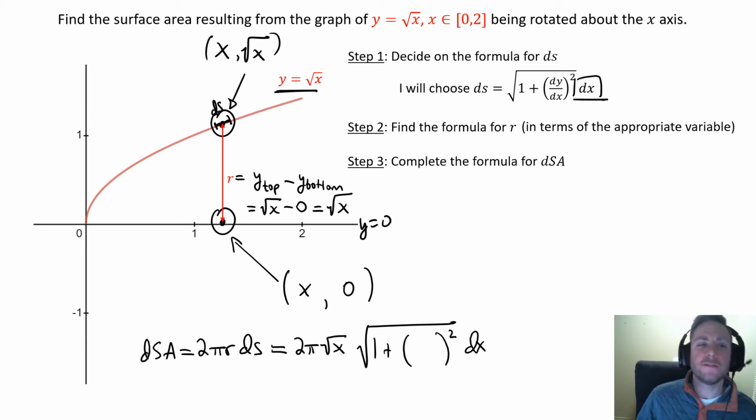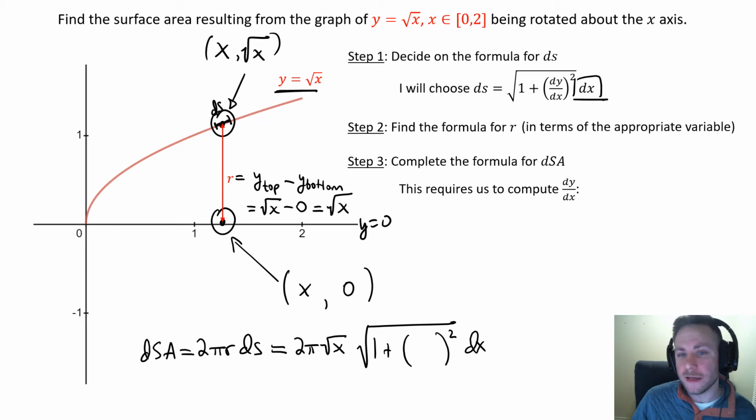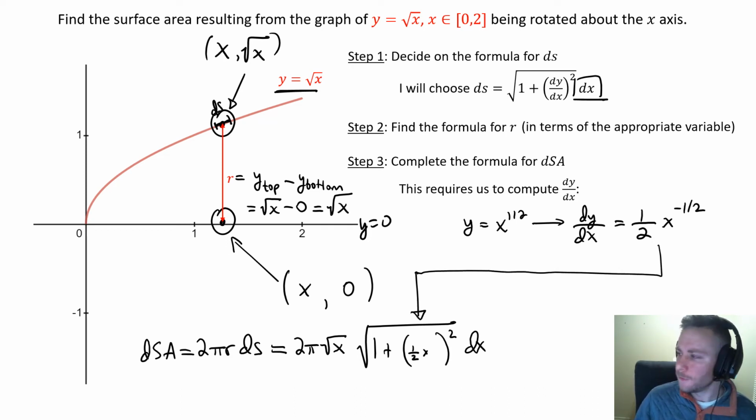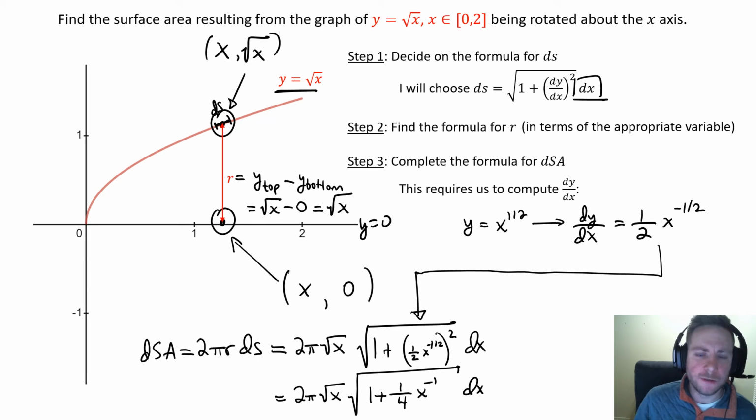The part that I've left blank there represents dy over dx, but we don't know what that is yet, so we still need to calculate that by taking the derivative of our function. That's pretty straightforward though, just use the power rule in this case. Now insert this expression into our formula for dSA, and that completes step 3. Although you probably have an inclination to simplify a little, and there's no harm in doing that.